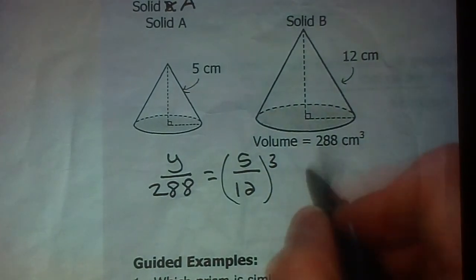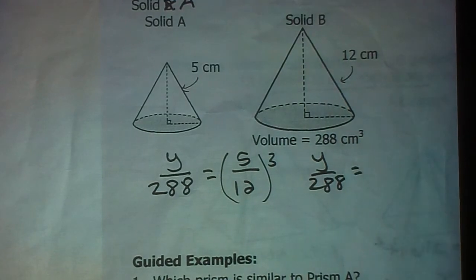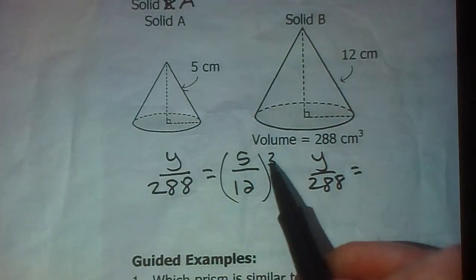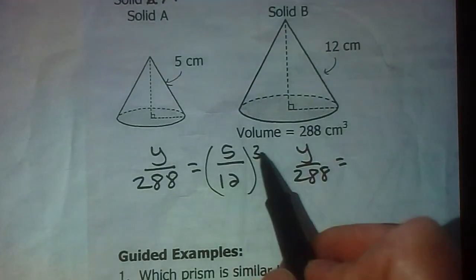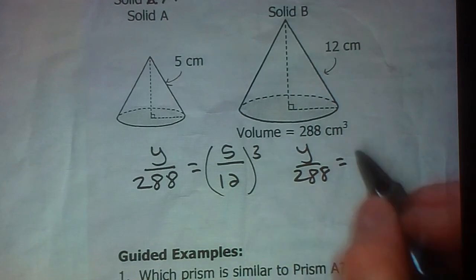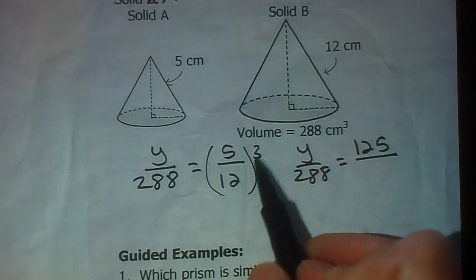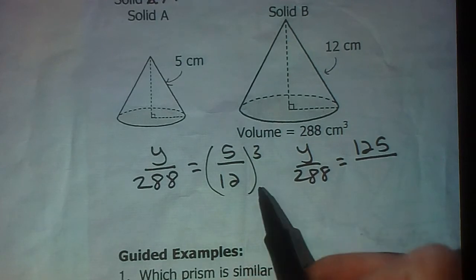Okay, or not, whatever. So y over 288 equals, we're going to get rid of this exponent. So 5 to the third power isn't 15, it means 5 times 5 times 5. Got it? It's 125. 12 to the third power means 12 times 12 times 12.